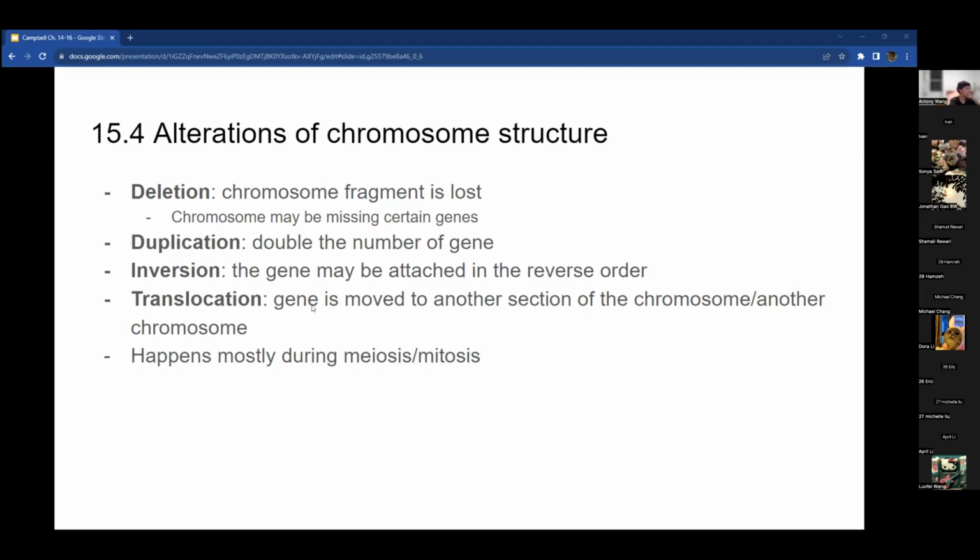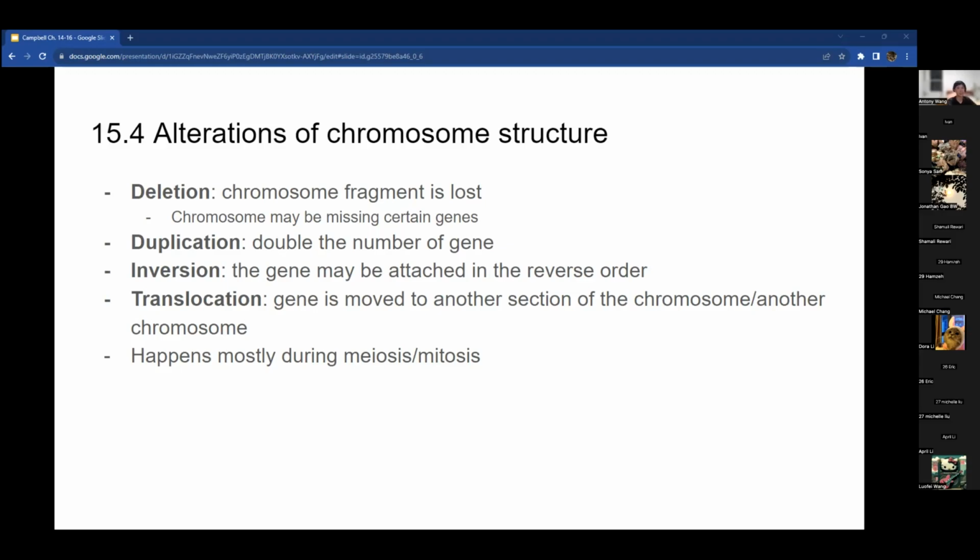And translocation, a gene is moved to another section of a chromosome. This happens when you have homologous regions between two non-homologous tetrads, and they switch pieces of DNA even though they're not supposed to. The terms are pretty self-explanatory.